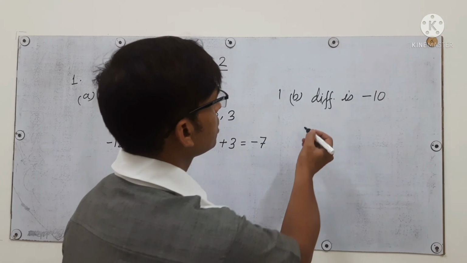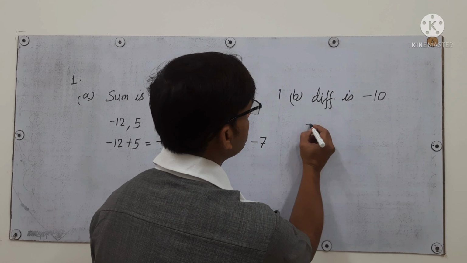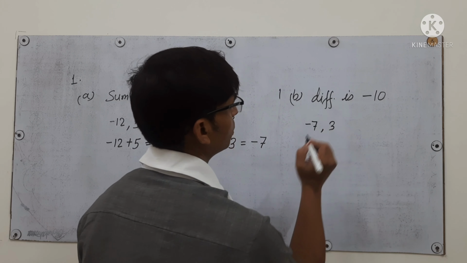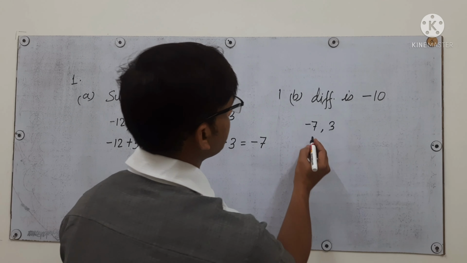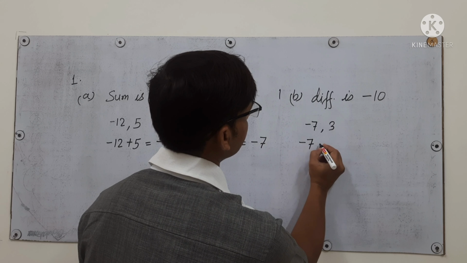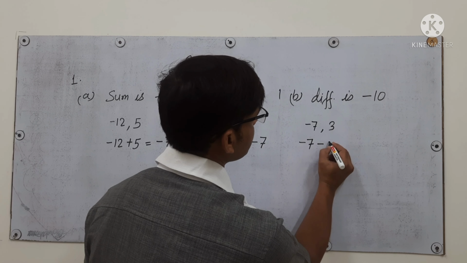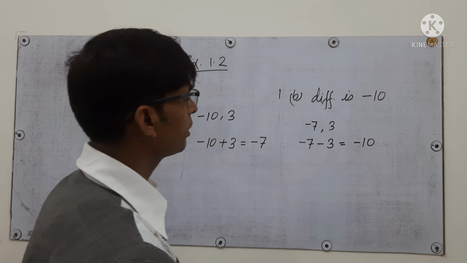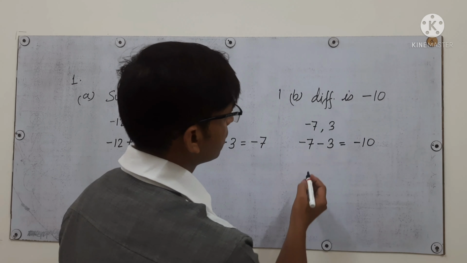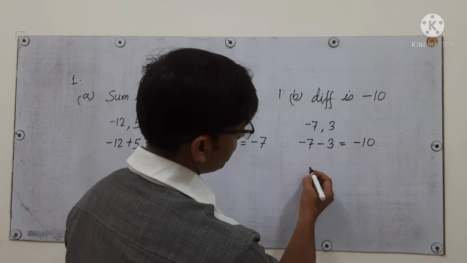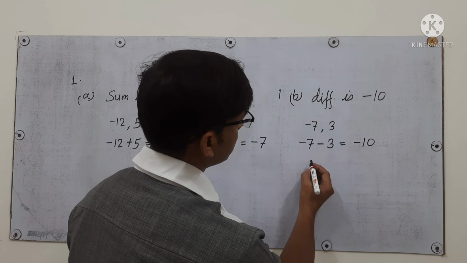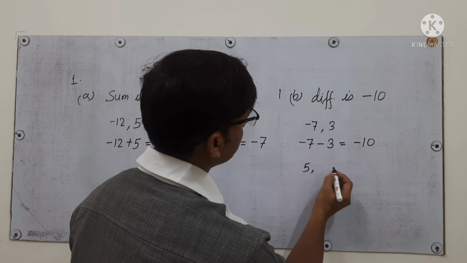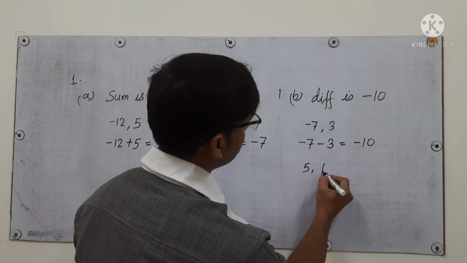Let's suppose one integer is -7 and the other is 3. What will be the difference? The difference will be -7 - 3, and this gives -10. Or we can take another pair, 5 and 15.